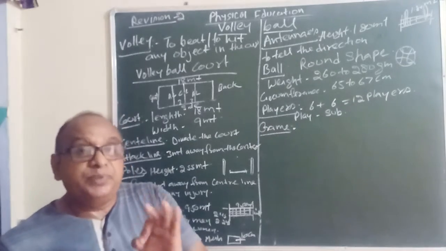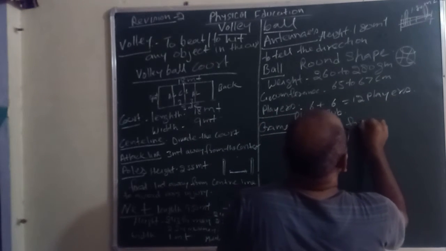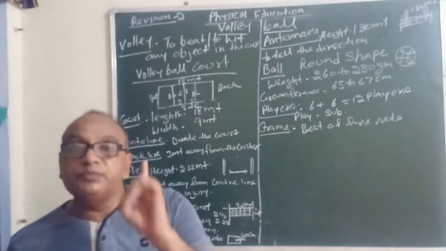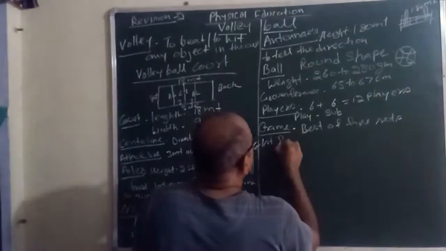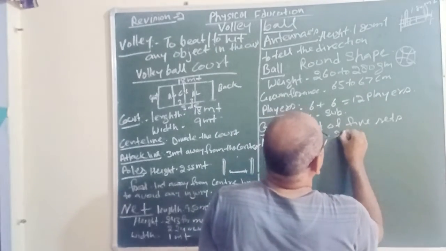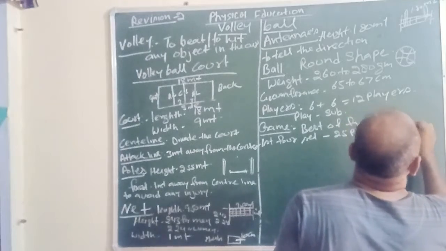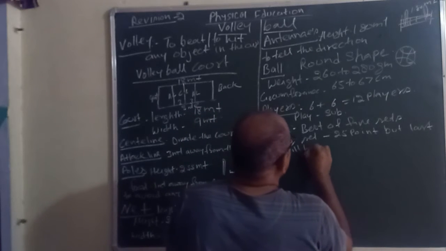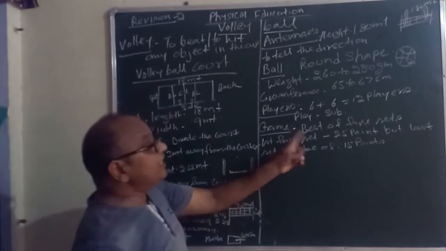If there will be best of 5 sets, then first 4 sets will be of 25 points and last set will be of 15 points, if best of 5 sets are there.